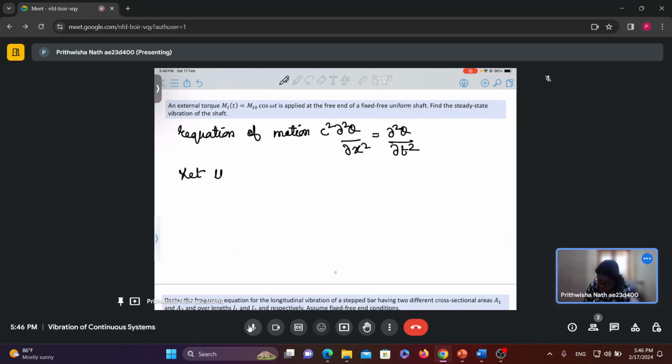Let the steady state vibration, so we can write this as theta equals X cos omega t. Now we have to substitute this in equation 1.